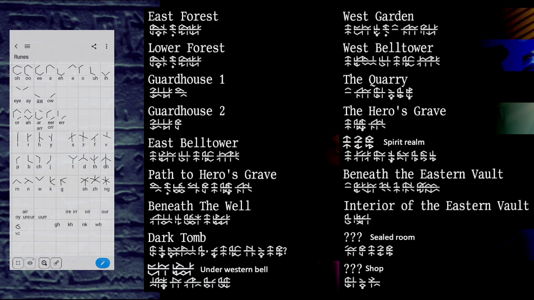Good. Bit of a hiccup there. One of many ways to the hero's grave. Yeah. So the original title was a bit inaccurate.